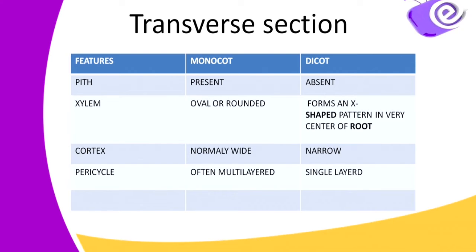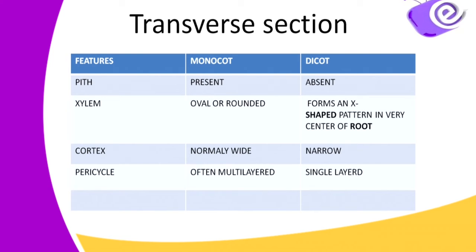Then the second difference between them is the xylem. Remember, it's the vessel which is used for transport of water. In monocot roots, the xylem is oval or round in shape, while in the dicot root, it forms an X-shaped pattern in the center of the root.